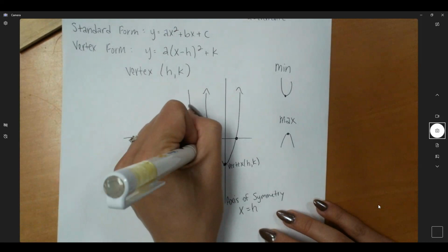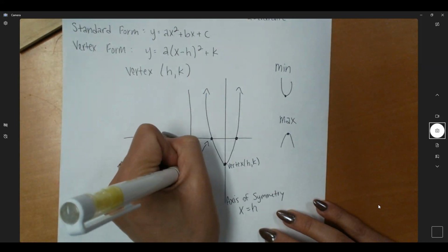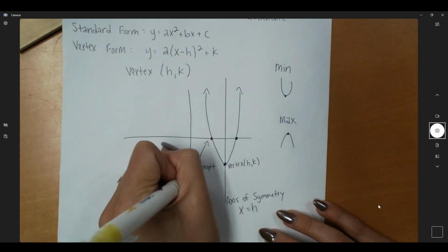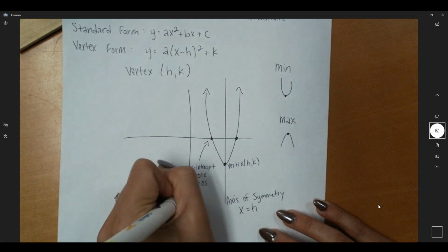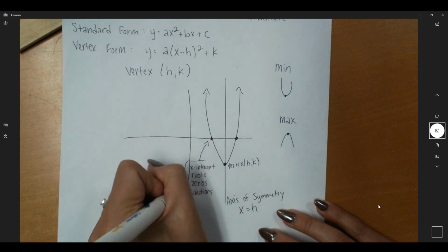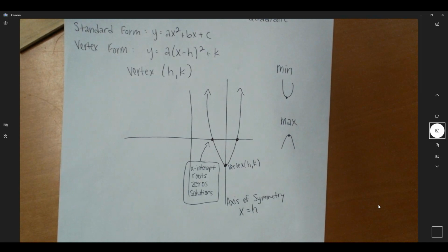So those are called x-intercepts, roots, zeros, solutions. Again, all mean the same thing. They just have multiple names. So that would be both of those.